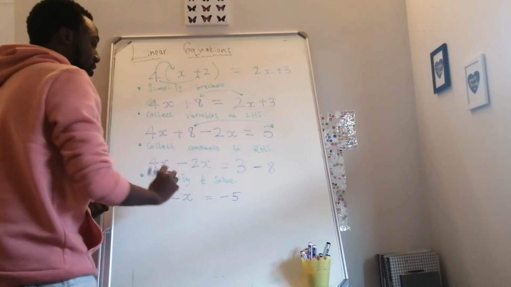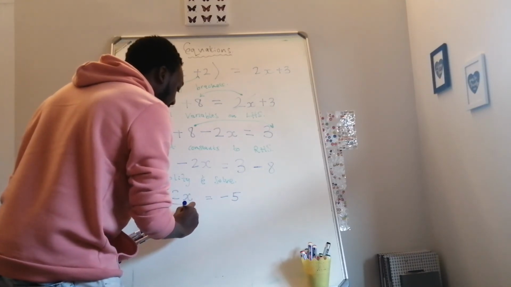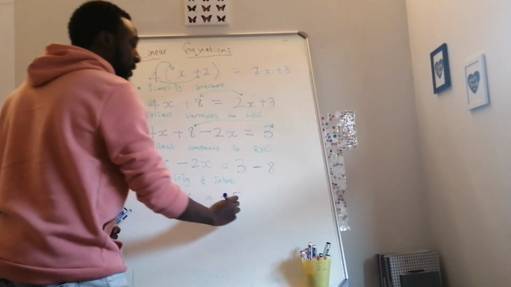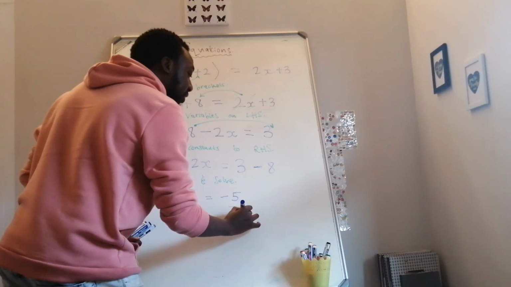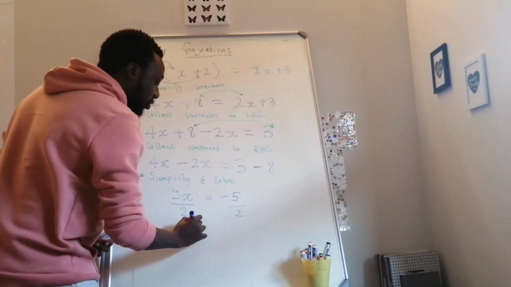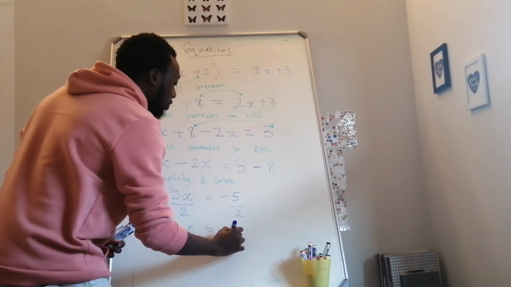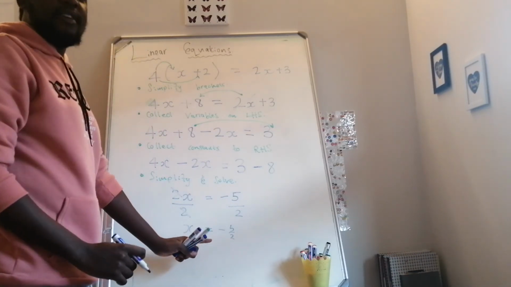And then from here, we're looking for just x. So remember, you need to divide by the coefficient of x on both sides. The 2 and the 2 cancel. So x is equal to negative 5 over 2. Can we simplify that?